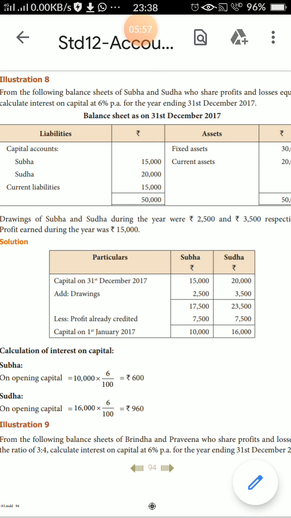Next, less profit already credited. How much is the profit earned? 15,000.